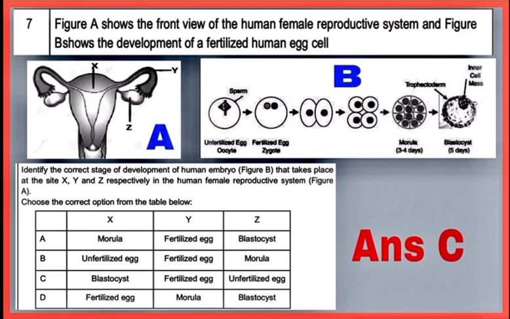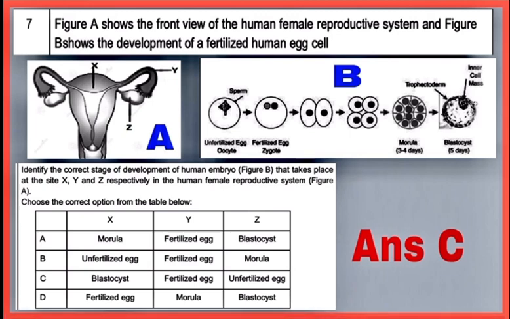Question number 7. Figure A shows the front view of the human female reproductive system and figure B shows the development of the fertilized human egg cell. You have to identify the correct stage of development of human embryo from figure B that takes place at the site X, Y and Z respectively in figure A. Option C is correct.